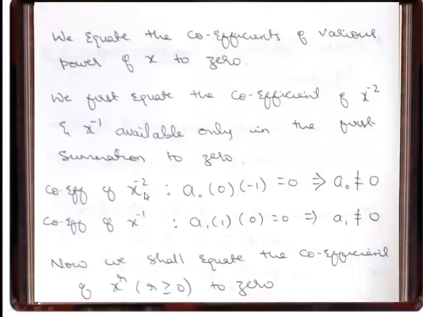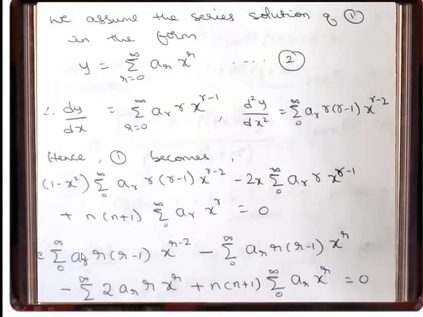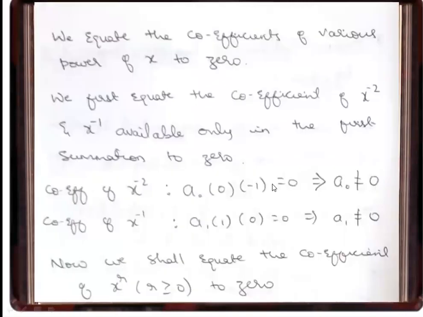Okay, so the coefficient of x to the power minus 2, what you get by taking r equal to 0, is a naught into 0 into 0 minus 1. A naught into 0 minus 1 is minus 1, which is equal to 0. We need to equate it to 0 here.